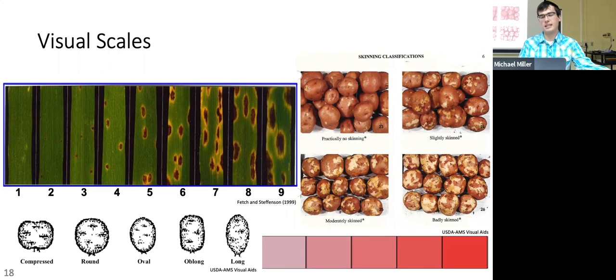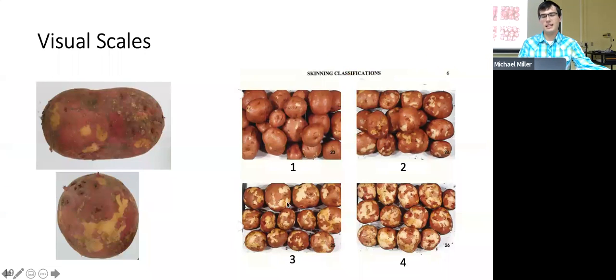So I'm going to take this skinning scale here that has 4 points to it. If we were to take this top potato here in one of these categories, I think it's kind of in between 1 and 2. Let's say it's a 2, and then let's take this bottom one. It's kind of, to me, in between a 2 and a 3. Let's say that one's a 2 also.